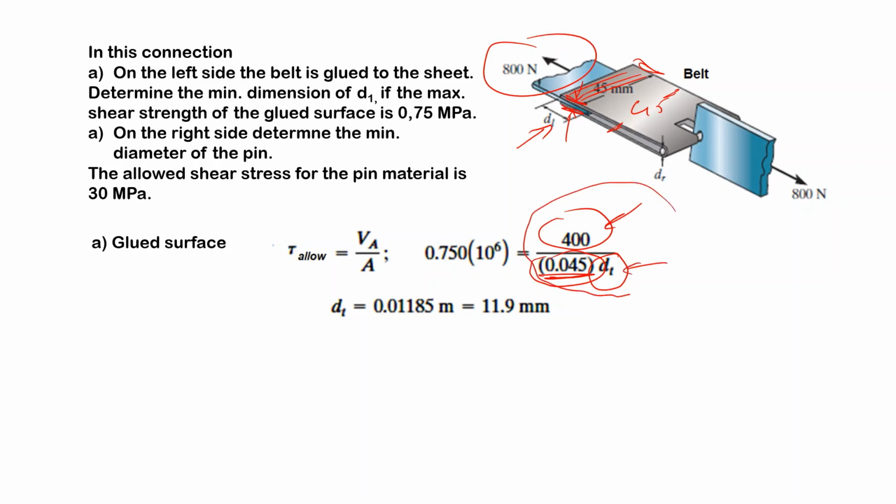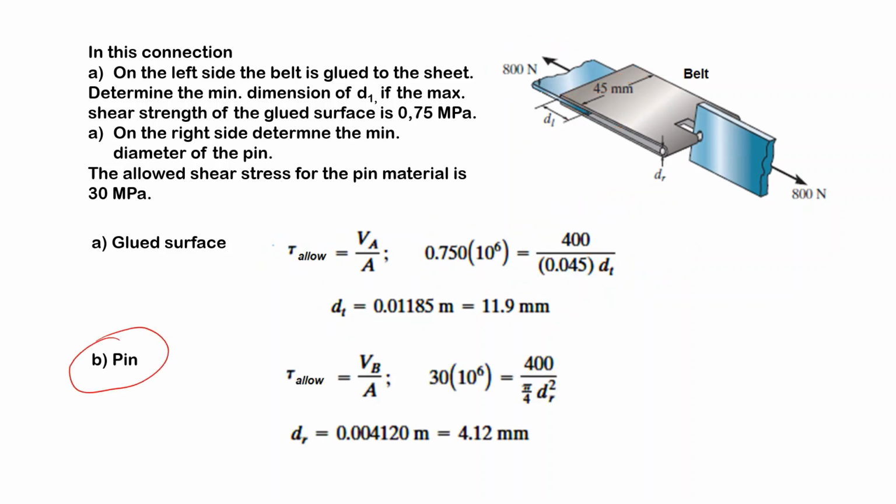This shear stress should not exceed the allowed shear stress of this connection. If you solve the equation, you find that the minimum value of d_t should be 11.9 millimeters, so that the surface shear stress will not exceed the allowed value.